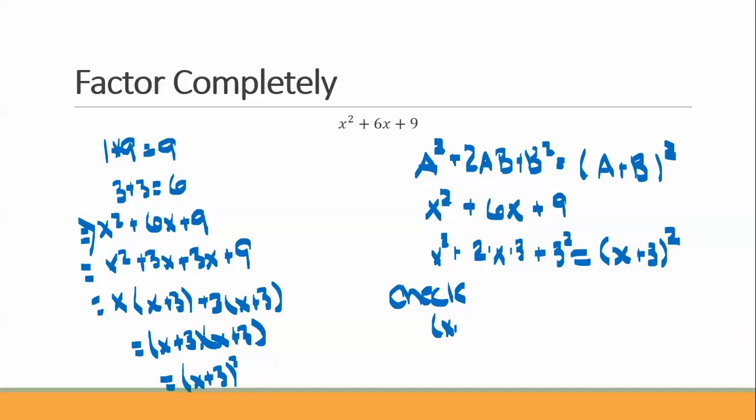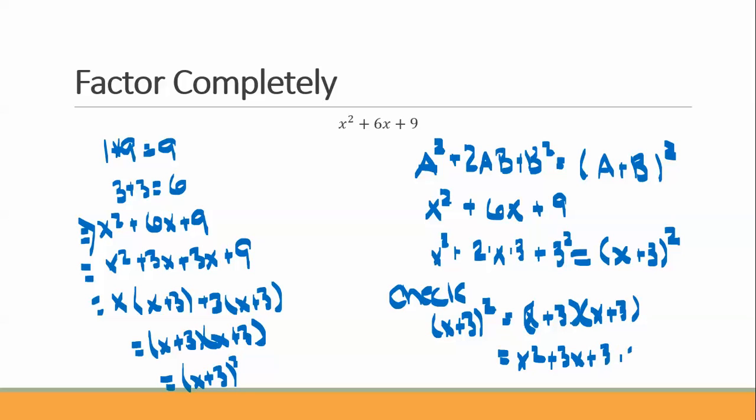We have x plus 3 squared is x plus 3 times x plus 3. So that's x squared plus 3x plus 3x plus 9. And then we combine like terms, and that's x squared plus 6x plus 9.